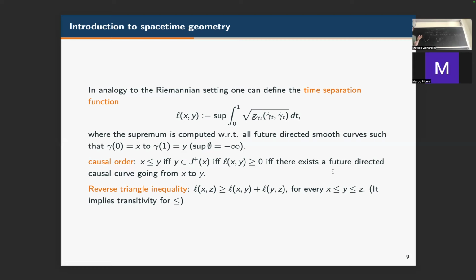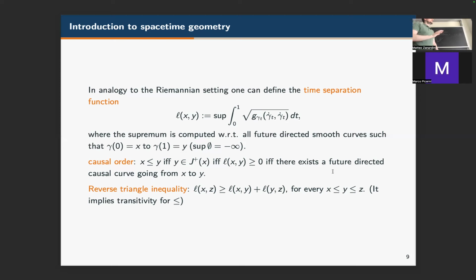The supremum problem is trivial outside a cone-shaped region out of the first point x, because for instance it can happen that x is here and y is here, and there is no such future directed curve that joins x to y. So it may be that the supremum is taken over an empty set, and so by convention you say minus infinity, and so you get this kind of function that is intrinsically defined in a given spacetime.